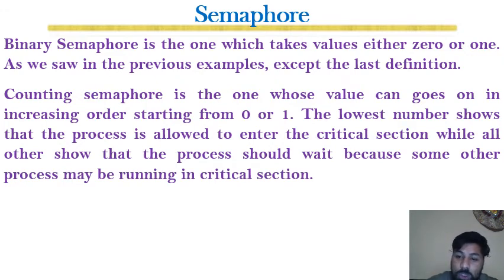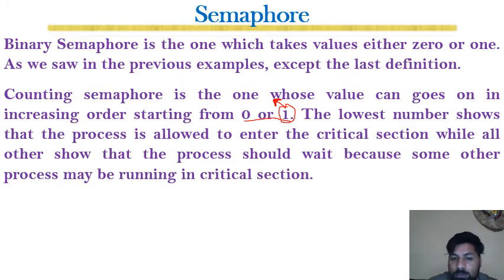The lowest number shows that the process is allowed to enter the critical section, while all others show that the process should wait because some other process may be running in the critical section. In the counting semaphore, we can set the least value to be 0 or 1. If we set the least value to be 1, then only if the semaphore value is 1 should a process enter the critical section, and if its value is greater than 1, then it will not be able to enter the critical section.